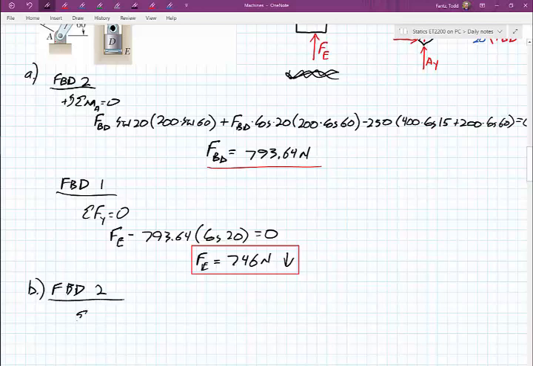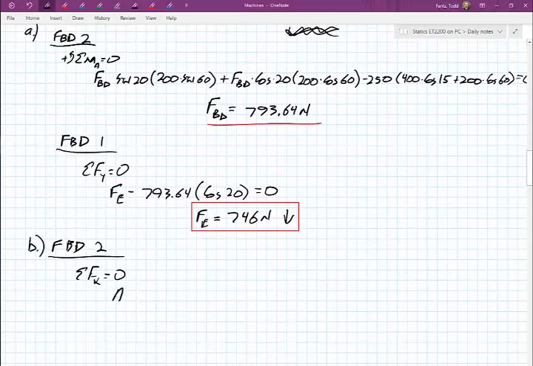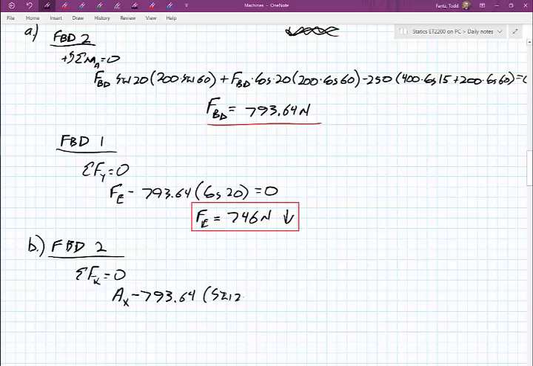And with that, summing the forces in the x direction equals 0 gives me an AX, let's see, minus the force in the two-force member, 793.64, but I want just the vertical, or sine 20 of that force, set equal to 0. And I had a reaction at A in the x of 271.44 newtons.